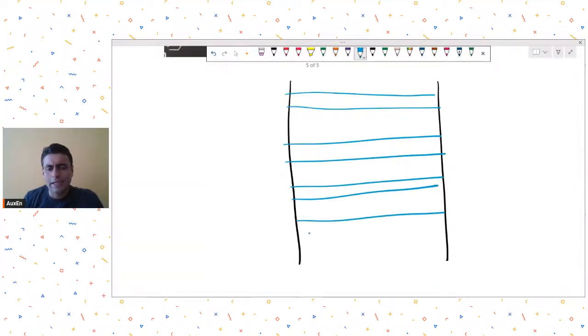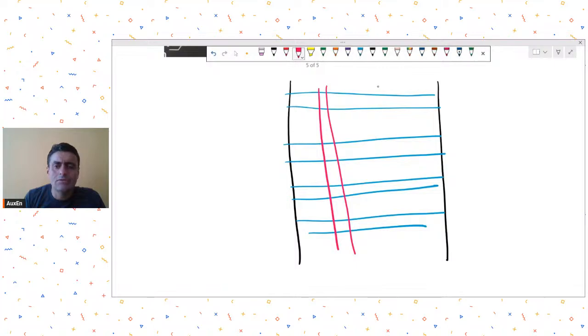These will usually be your ISMC channels. Below this, you will have another system. So these magenta lines will be below the blue lines. Blue lines, let's say, are the secondary members. Magenta lines are your primary members.